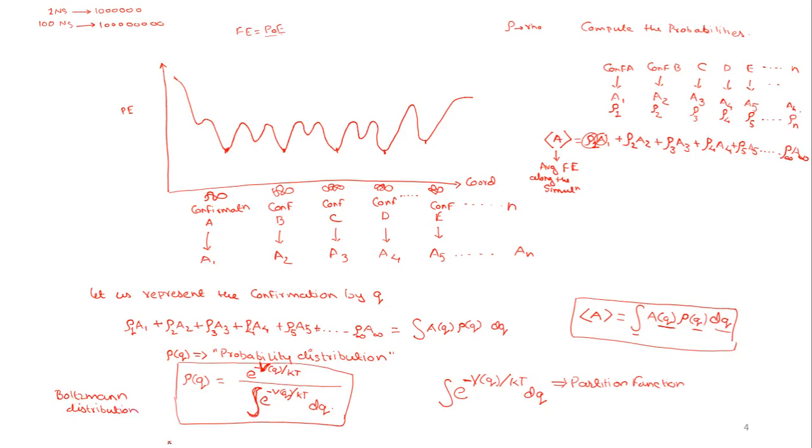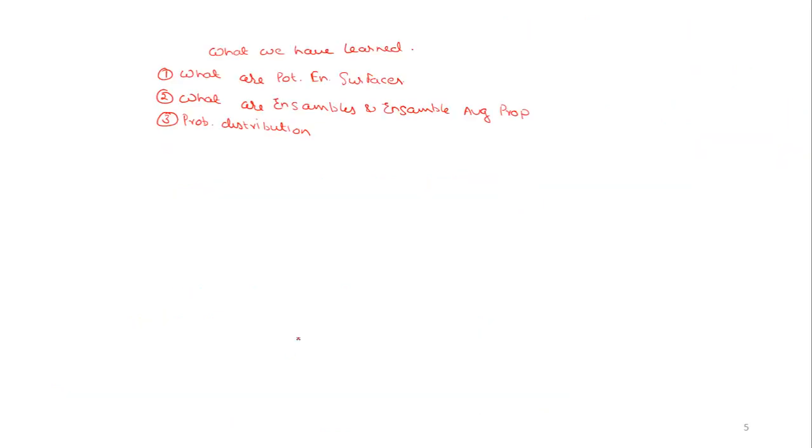So the probability distribution rho of q, which is very relevant in expressing this particular situation, is given by this Boltzmann distribution. So, what are probability distribution and Boltzmann distribution? I also told you what the partition function is.